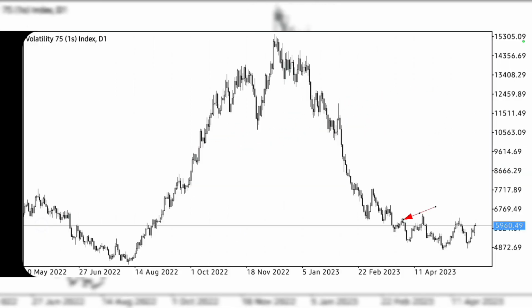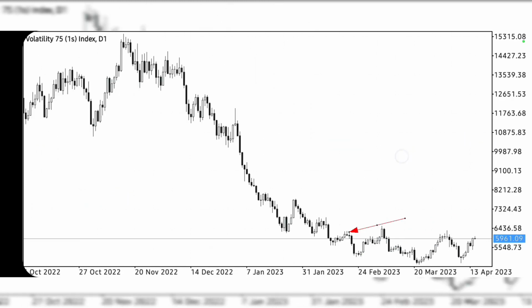On the daily time frame also, it is an inducement, which is very clear. If you trade the same strategy as I do, this is an inducement because it did not get into our sponsorship candle, so we are terming that as an inducement.